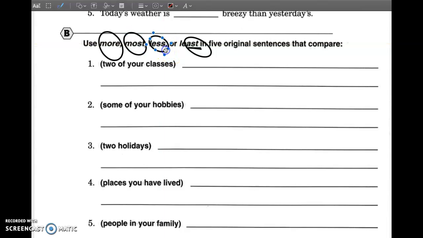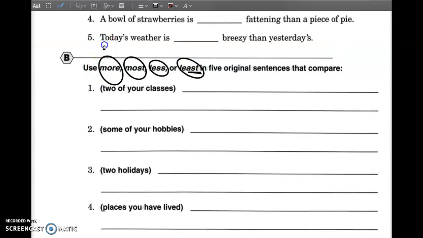Less, again, we're back to just describing 2 things. And least, we are describing 3 or more again. Okay? So above here, I'm going to write 2. We're going to be describing 3 or more here. Less, 2, and least is 3 or more. Okay, so in here, decide whether or not you're using more, most, less, or least for these.